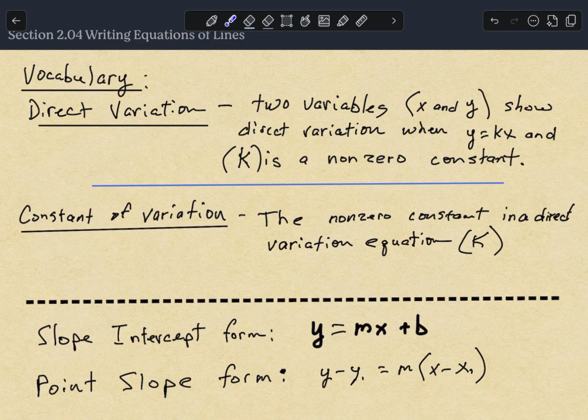What that says is this: this number here has a direct variation on y, provided that this letter is non-zero.